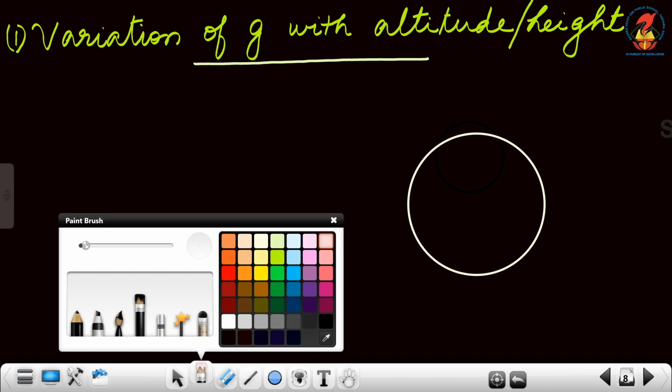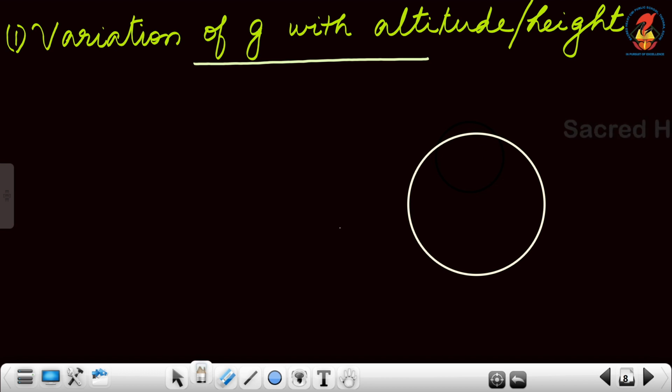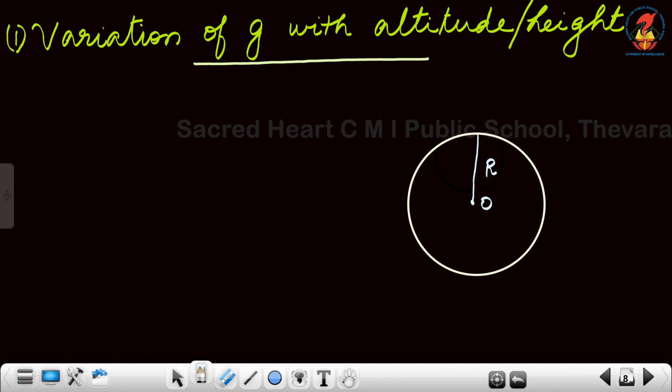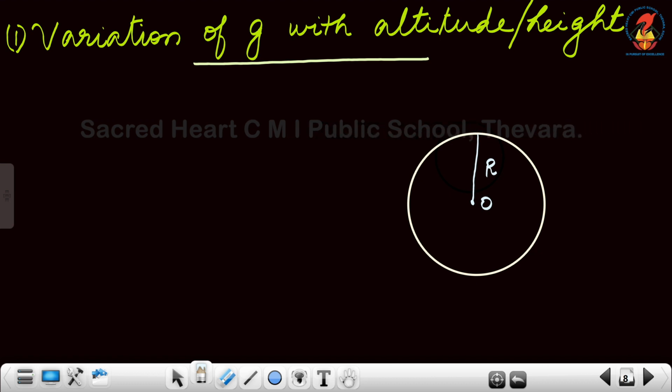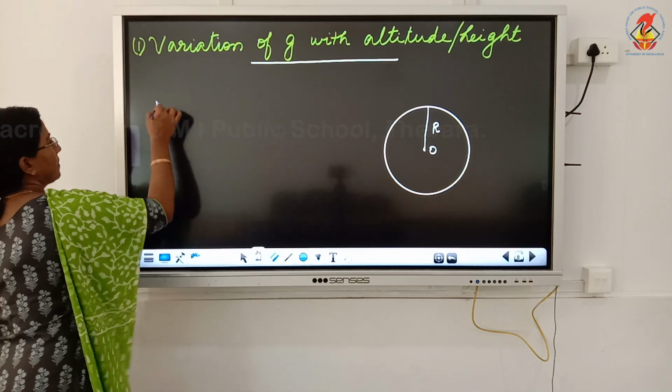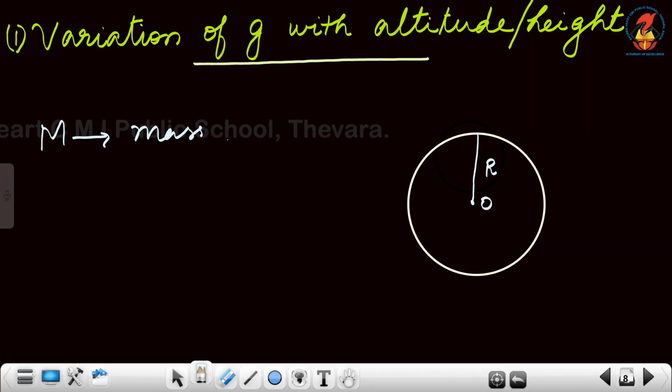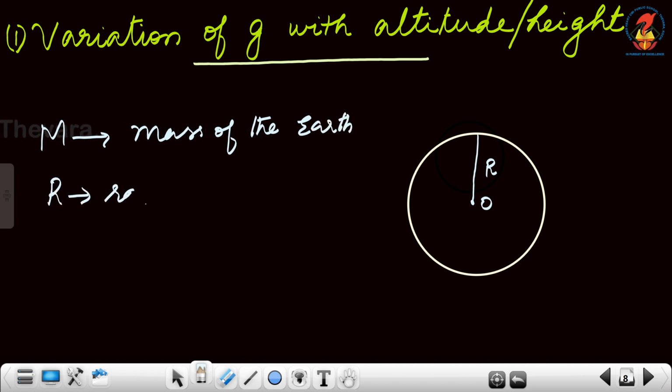Let O be the center of the earth and R the radius. Let M be the mass of the earth.